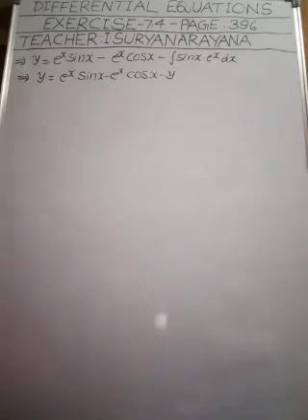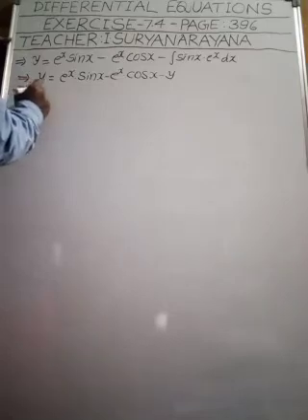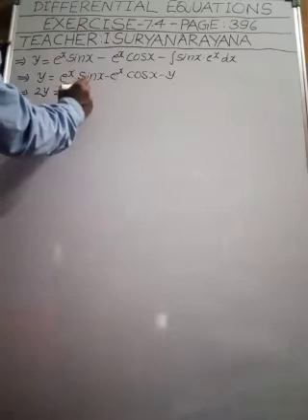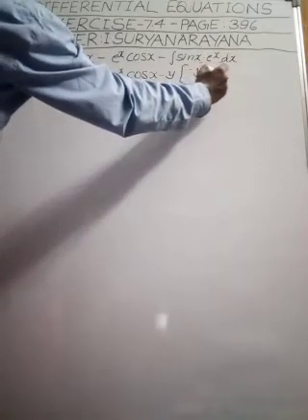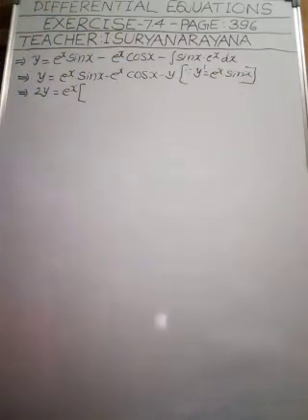Right. Then let us write minus y this side. Then 2y is equal to e power x into, let us write here because y dash is equal to e power x into sin x. Yes or no, my children?